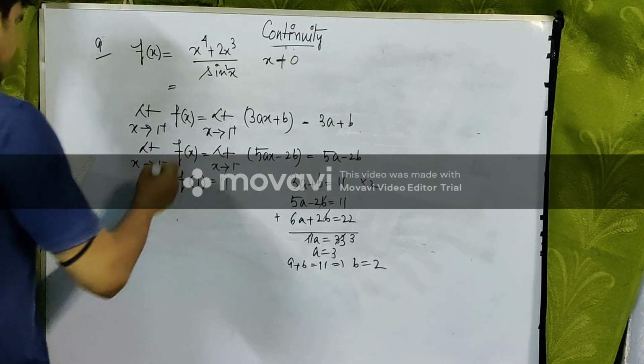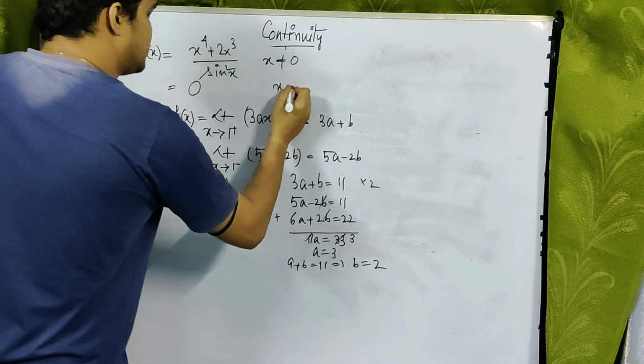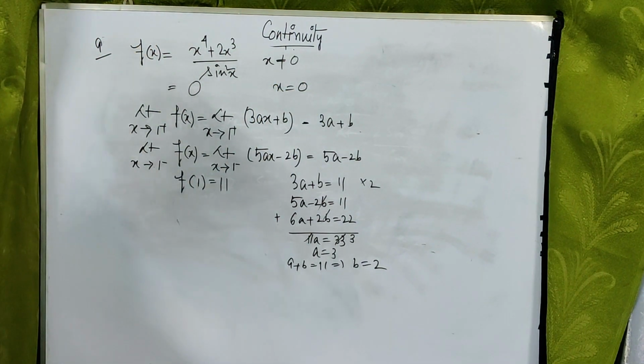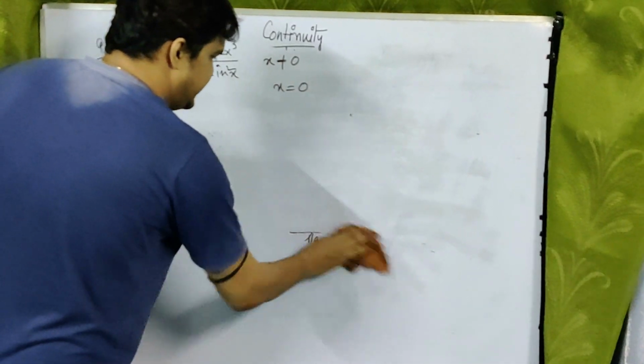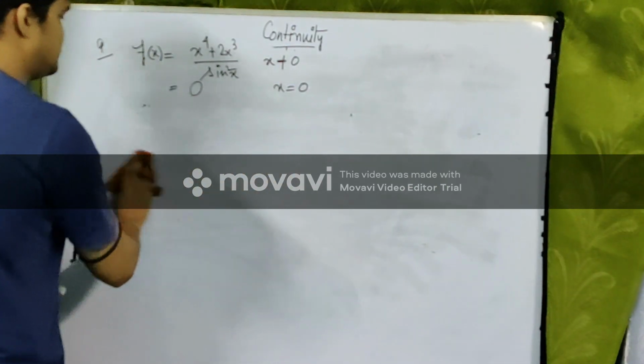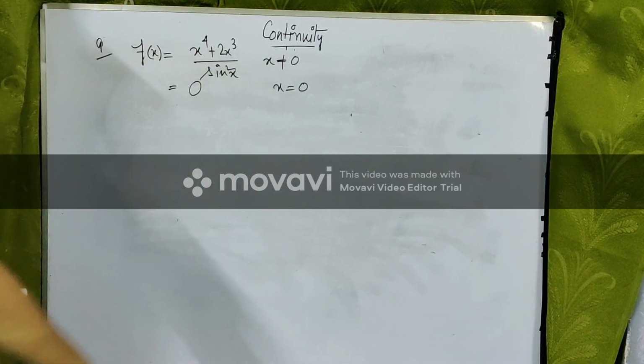This one equals 0 when x equals 0. Now from this definition, we have to check whether the function fx is continuous at the point x equals 0 or not.